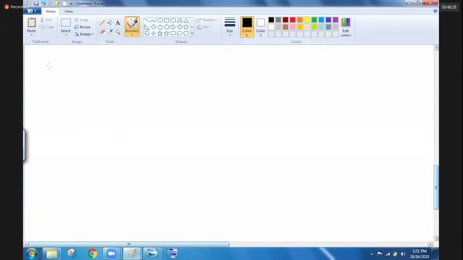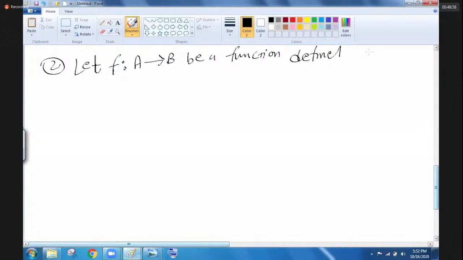Write the next problem. Second problem of the day is this. Let f be a function defined from A to B. This time they have given functions as well. Don't worry, whatever we have done in the previous problem, we just understood some basics.